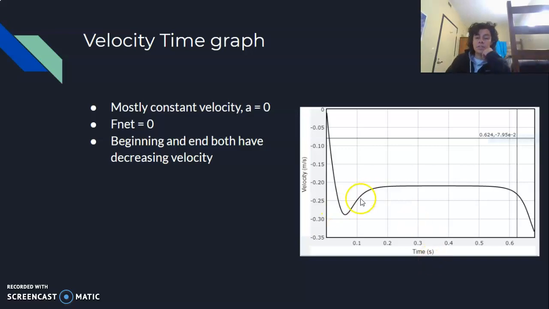But then down here, it is decreasing velocity because it has left that sphere of influence, and gravity is just more powerful than the EMF of the tube is. So F net is no longer equal to 0 just because gravity is stronger in the latter part of this graph.